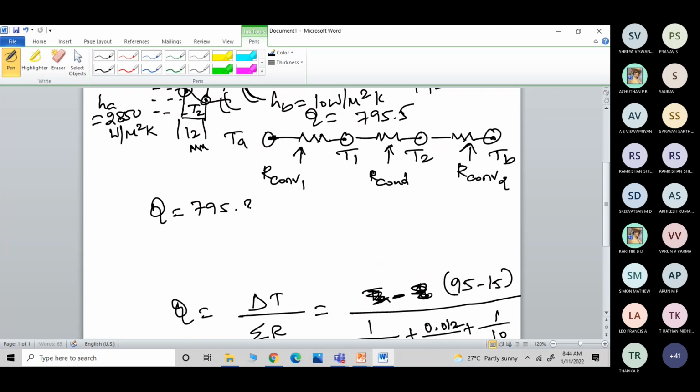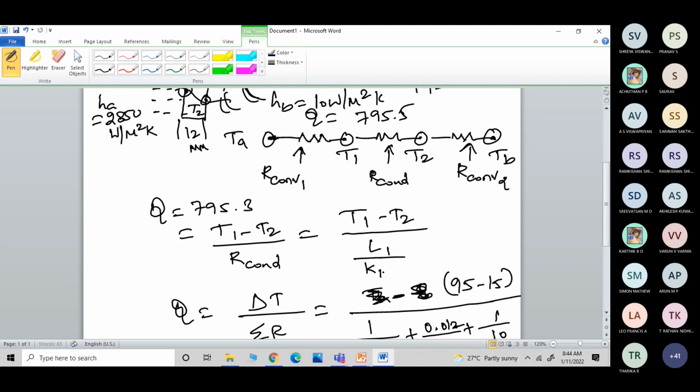Am I correct? It's not 5, it's 3 only. Which is equal to T1 minus T2 divided by the conductive resistance, L1 by K1 into A1.